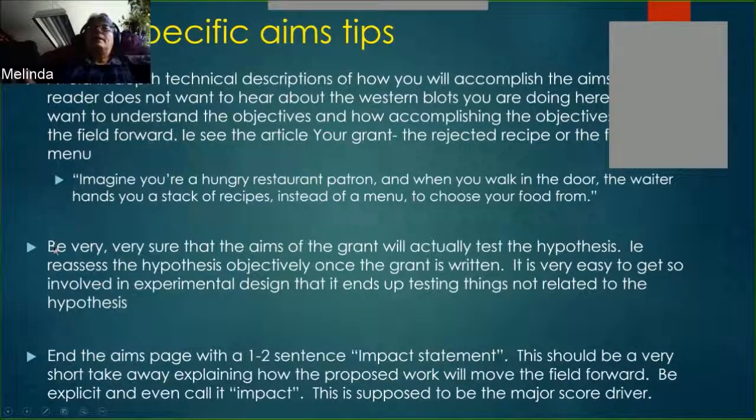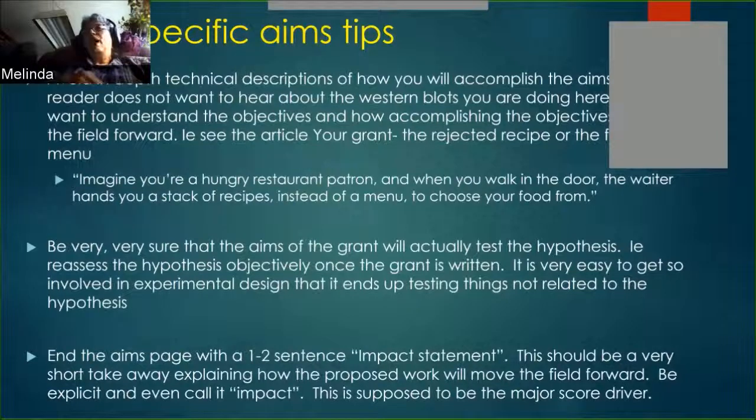Now, this might be less of a problem for you, but it's not at all unusual for people to put a lot of effort into an Aims page and then write the research plan. As you write the research plan, you're usually doing a lot more in-depth reading and focus, and you end up with good experiments that will give good information, but in the end, the experiments in the research plan aren't actually testing the hypothesis laid out in your specific Aims page.